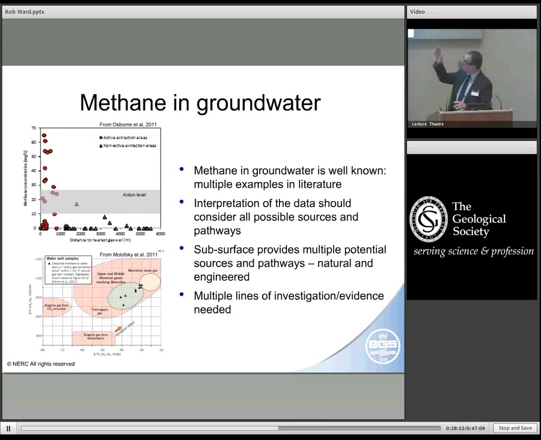Now, in this situation there is clearly an issue with respect to methane. But as I've said, the interpretation of the data requires very careful and considered thought. And I think Mike said earlier that there are other possible sources within this area, and on further investigation of this paper that is clearly the case. And this plot here is from one of the papers that addresses the data set. And you can see we're using here, again, the stable isotope ratio plot.